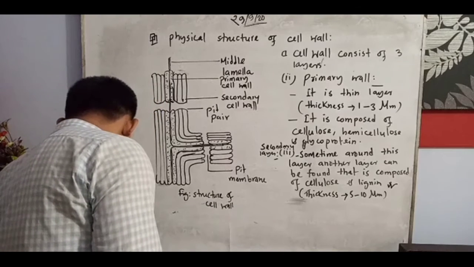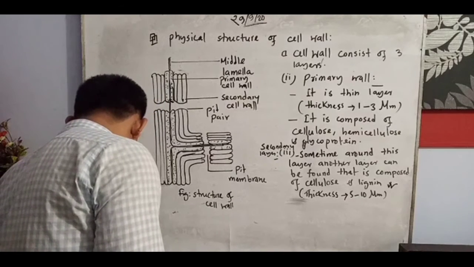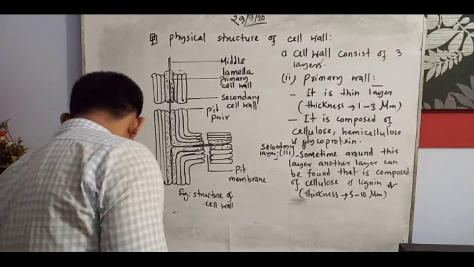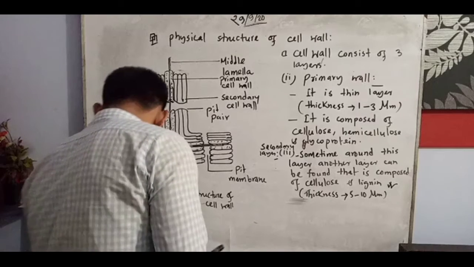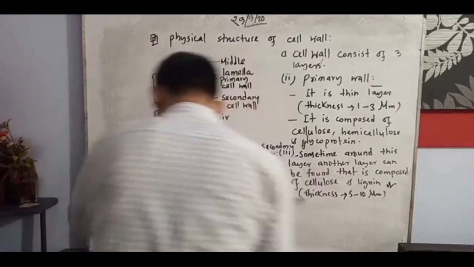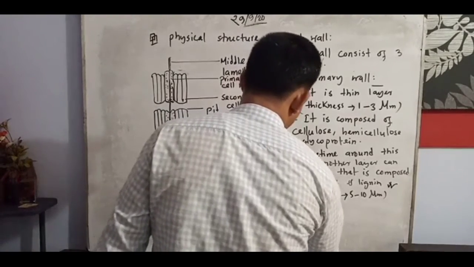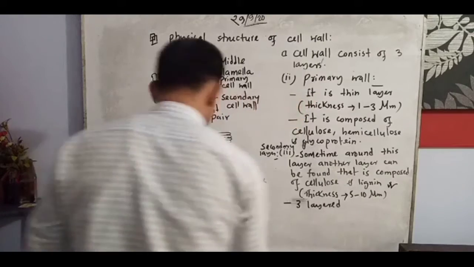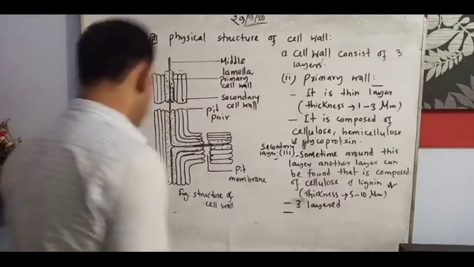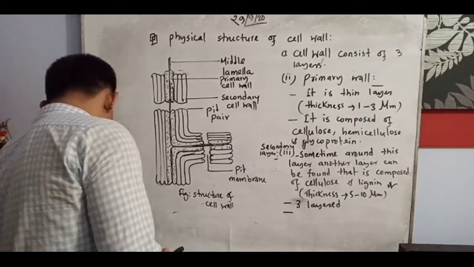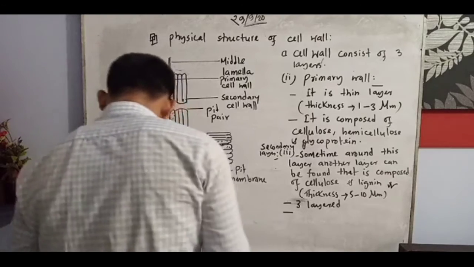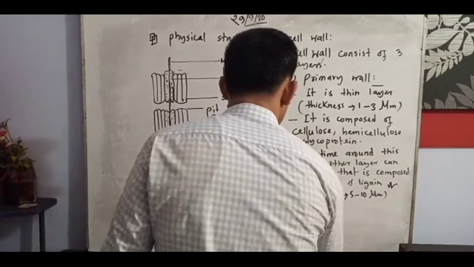Yes, and the secondary wall is three layered. We have drawn the 3 layered structure there. And another one: the meristematic cell has no secondary wall.